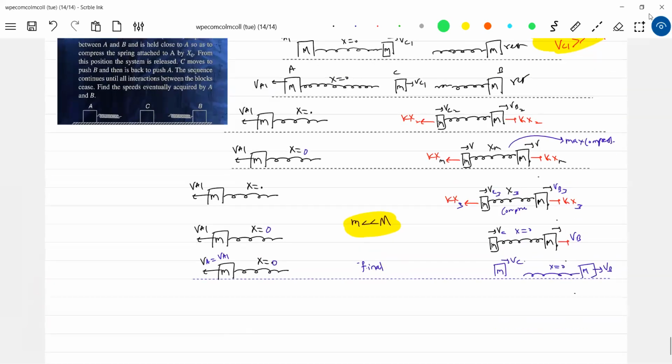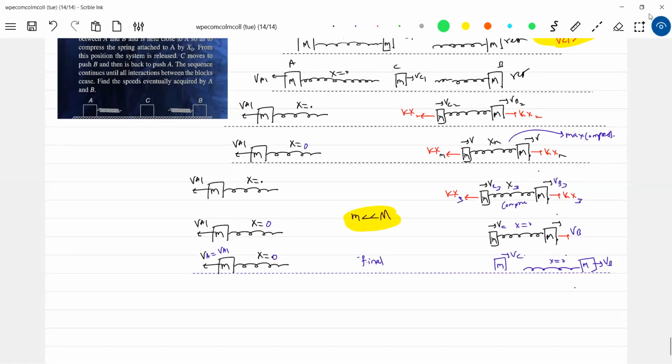So what actually happens, this is one sequence like that. This will go and collide. In fact, this VC should be towards left. It should not be shown like this. I'll just put it in such a way. This will go and collide. This VC will be very much greater than VA.